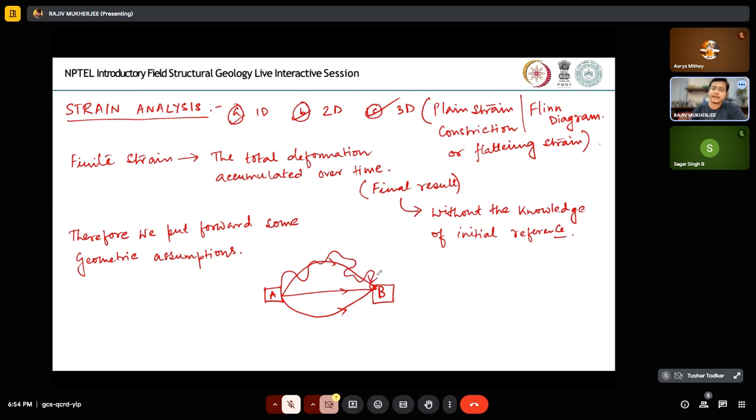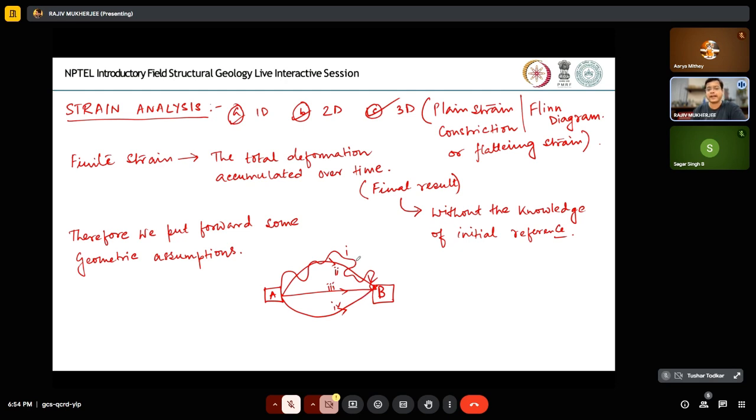Each of these paths, say 1, 2, 3 and 4, would result in the same destination, but we do not know how much time it took, and therefore we do not know how fast or how slow all these processes were.